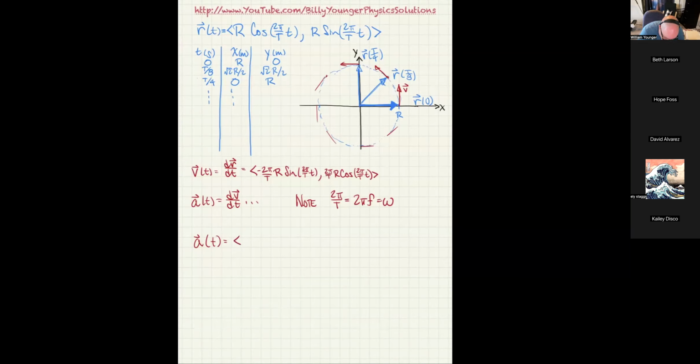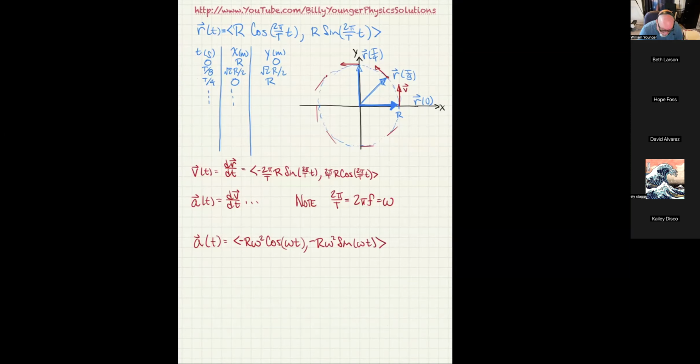So the answer is actually going to be negative r omega squared cosine omega t, and a negative here as well, r omega squared sine of omega t. That's the actual answer that you're going to get when you do the derivative. So this is something for you to shoot for.